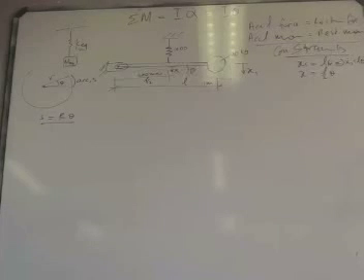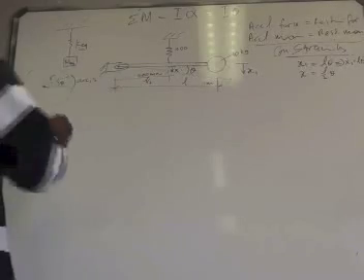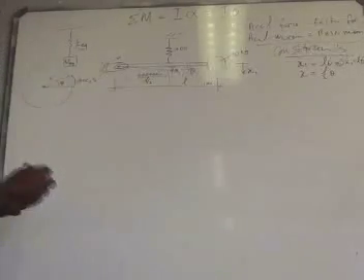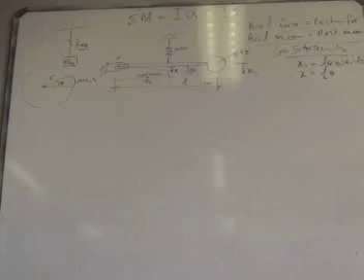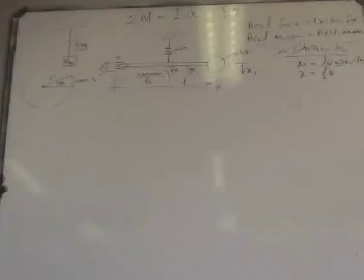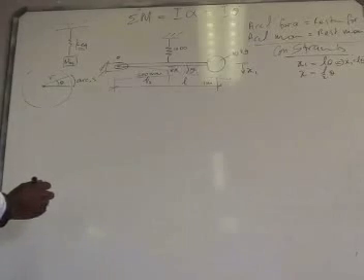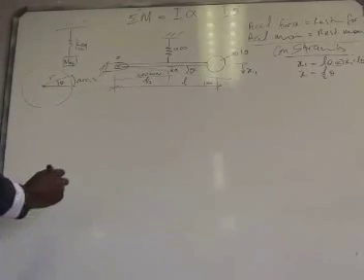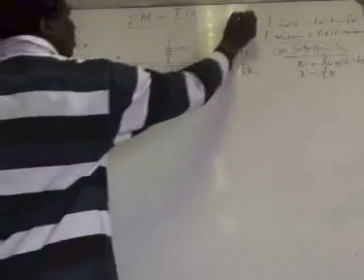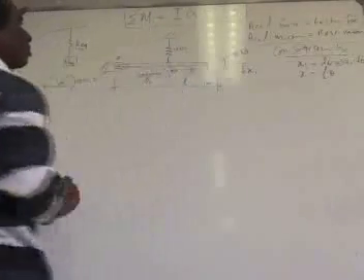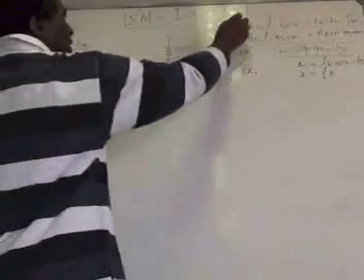Now, let's write our expression. And we are taking moments about the pivot, which is here. Let's call this O. So if we take moments about O, from this expression, that will be our what?